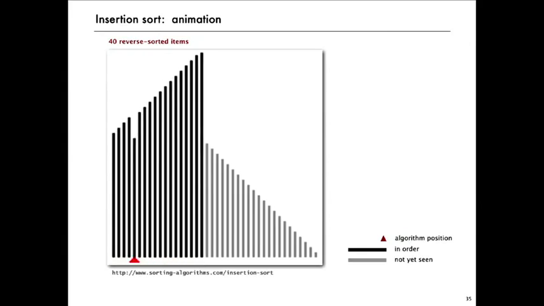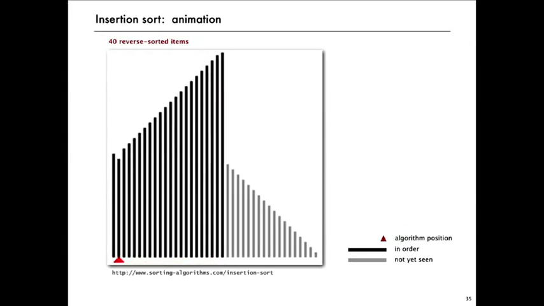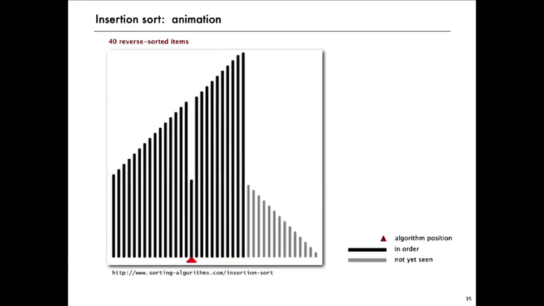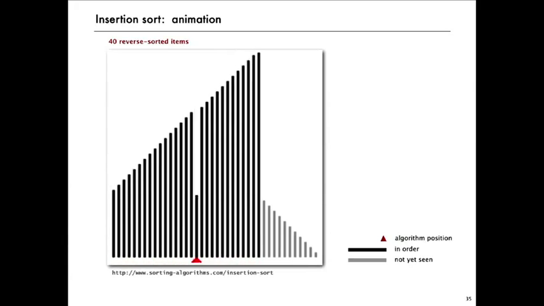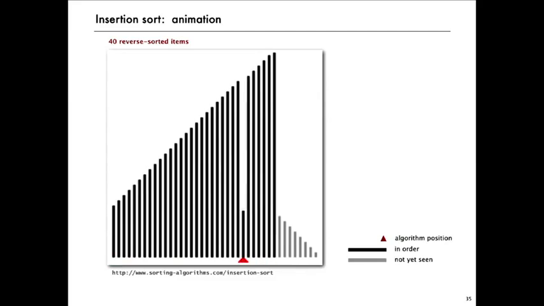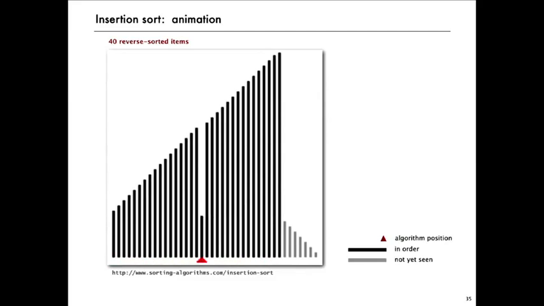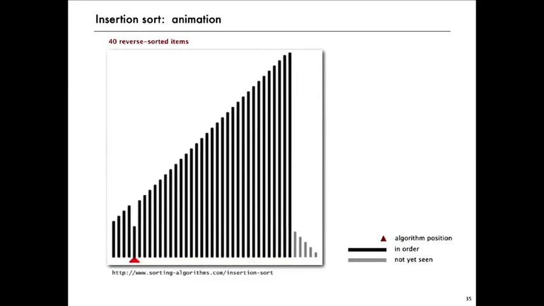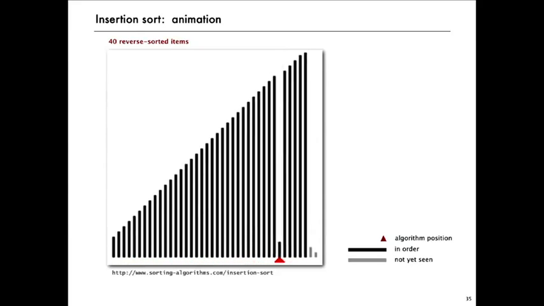Now, every time it gets a new item, it has to exchange it all the way back to the beginning. Same kind of dynamic characteristic as selection sort, except for every step, it's not just comparing, it's also exchanging, which makes it even slower in practice. So this is a bad case that we wouldn't like to see in a practical application.